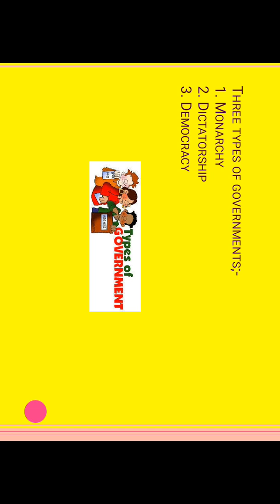Monarchy is a form of government where a monarch, a king or queen, holds the crown by hereditary right. What is hereditary right? It means a king or queen holds the crown from their ancestors.